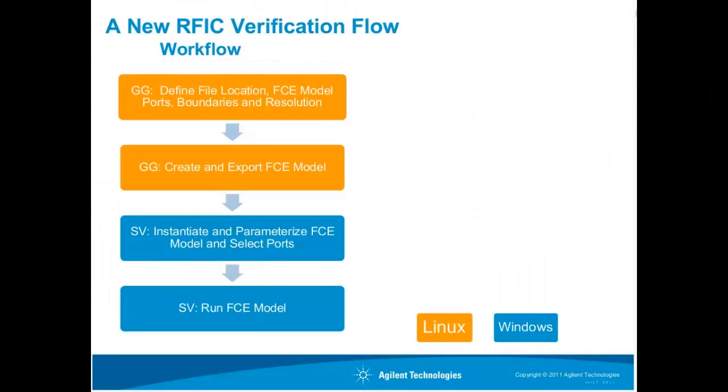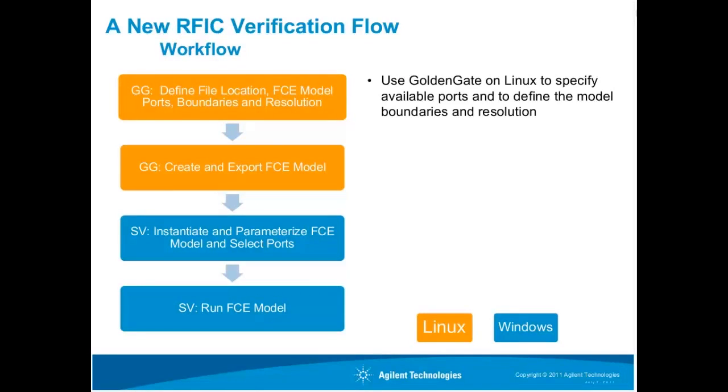We have basically two tools that we're using in this flow. On the Linux side, we're using GoldenGate, and in GoldenGate, we're going to have our detailed transistor level design, and we're going to specify ports and model characteristics for export. Then we actually run the simulator to produce this fast circuit envelope black box model.